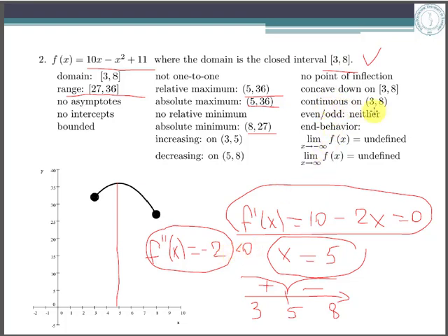And it's continuous on 3, 8, on the open interval 3, 8, neither even nor odd. The limit as x tends to minus infinity is undefined, and as x tends to plus infinity, this is also undefined. And the graph of this function will be like this. This is the graph of our function.